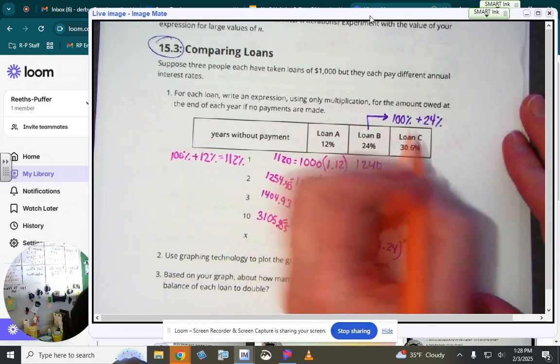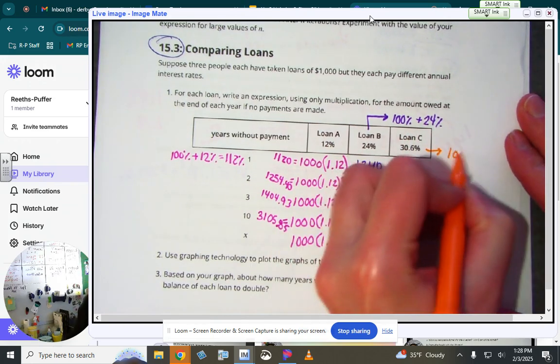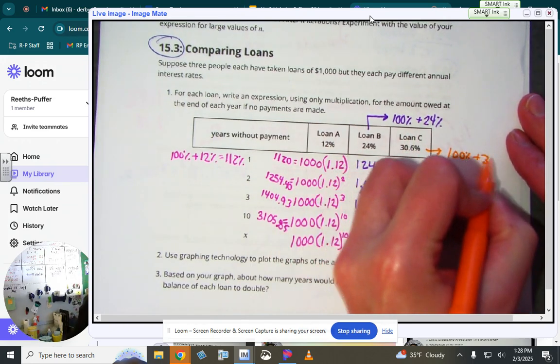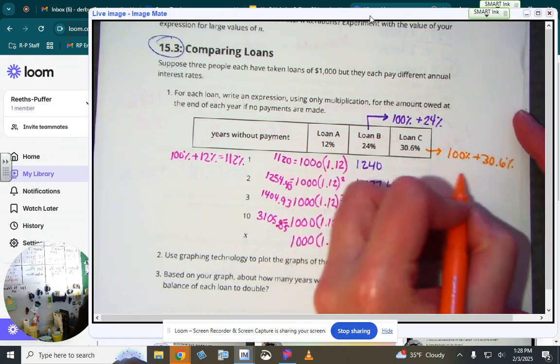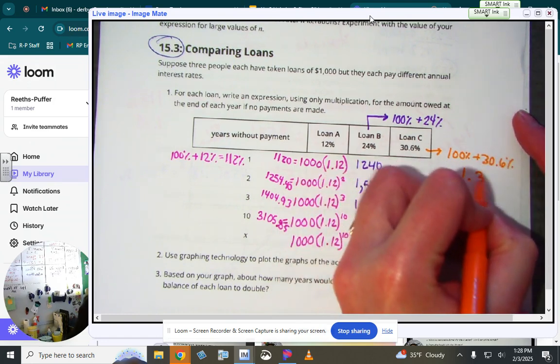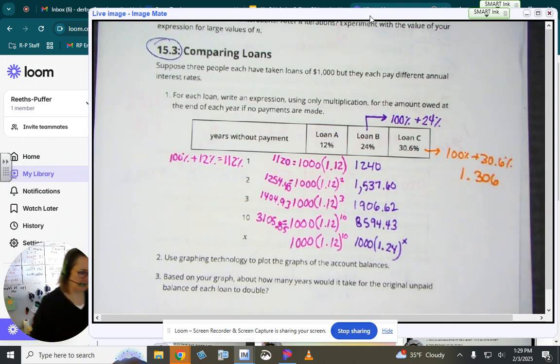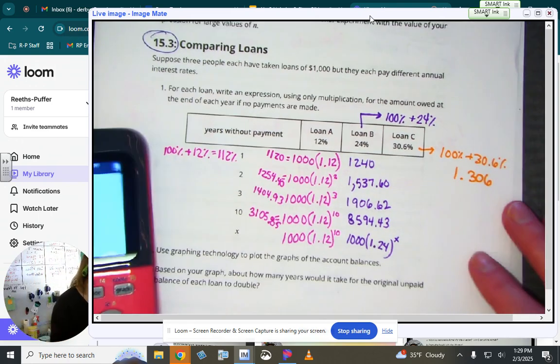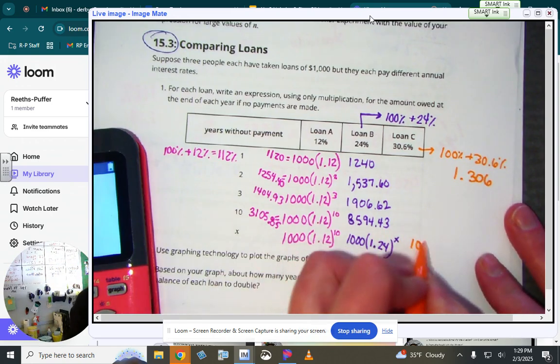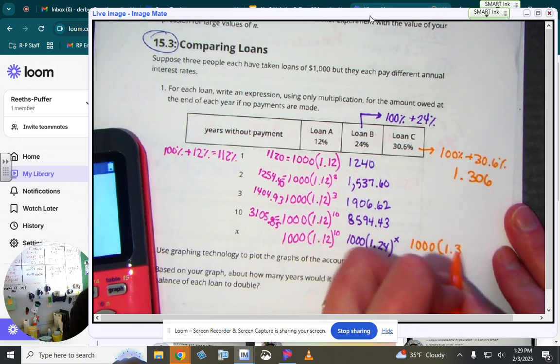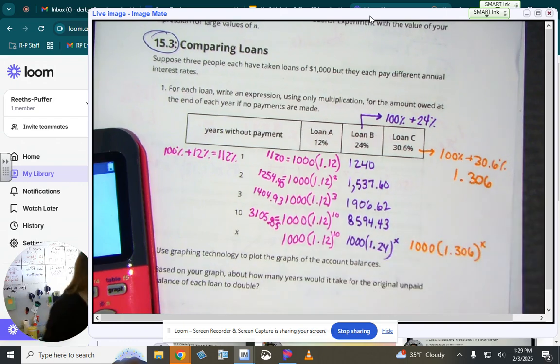Now, loan C, same kind of thing, 100% plus 30.6% on top of that. That's 1.306 as our multiplier. So this $1,000 loan, 1.306 to whatever power we're going to be looking at.